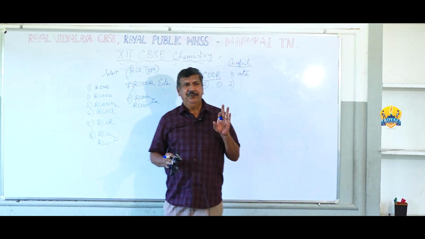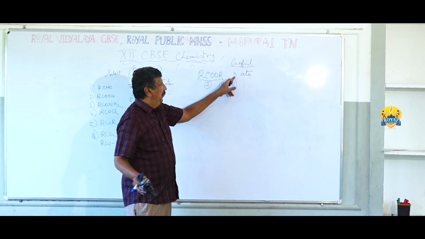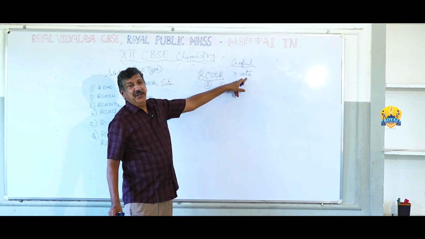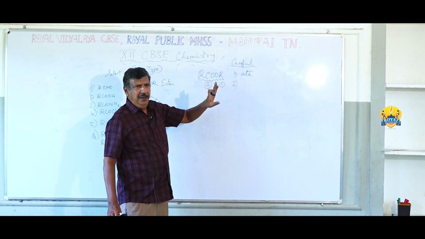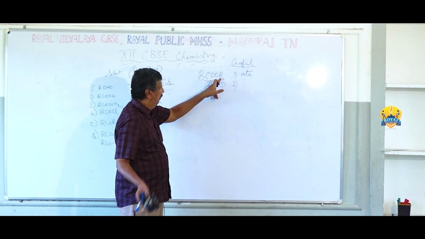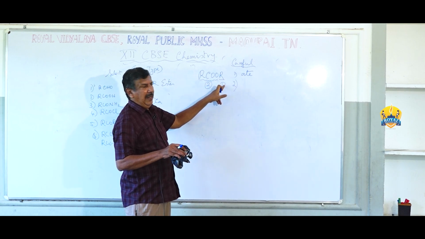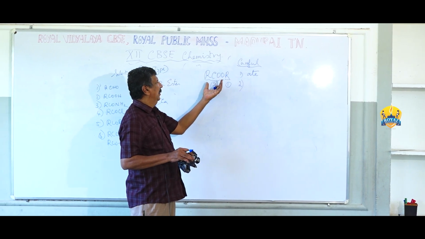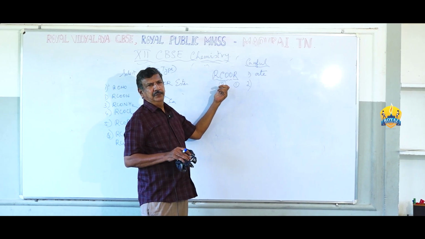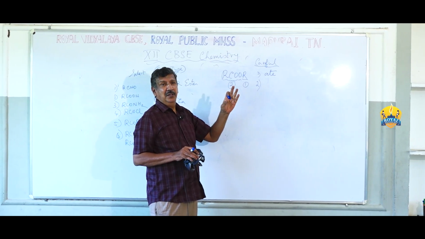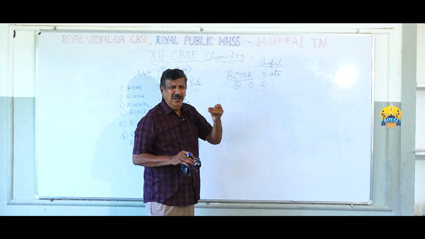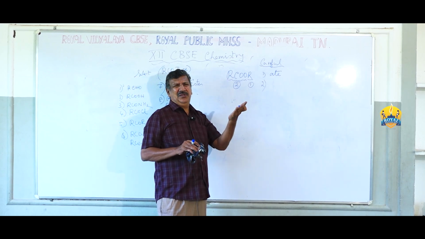First, I told you that the name should end with -ate. Secondly, you should name the final R first, and only then write the front one. It is an interchange. Many have doubts.